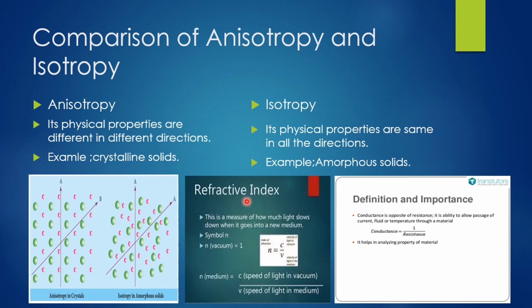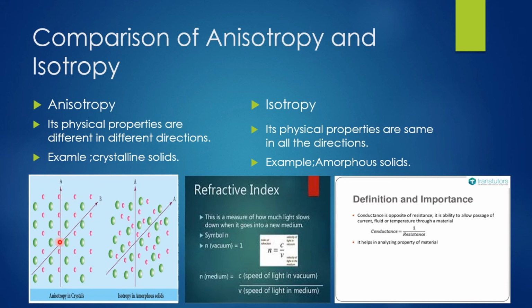The formula is n equals c by v. When you measure the refractive index for a crystalline solid, you will get different values in different directions. When you pass light into this crystalline solid along A and B, along A you will get one value, along B you will get another value.